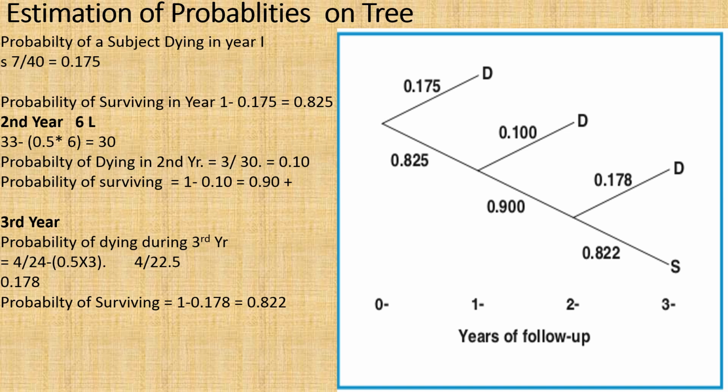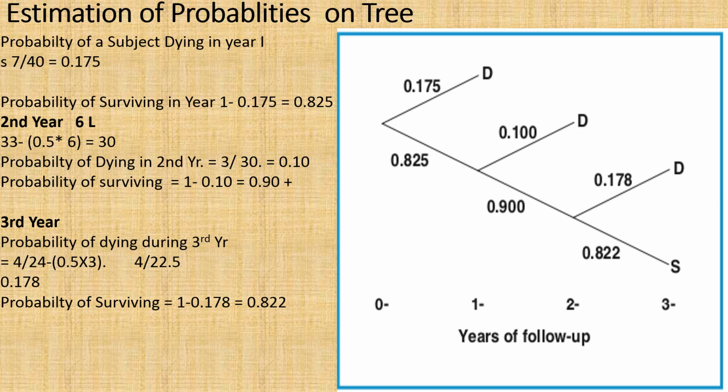Okay. Now if I subtract 1 minus 0.175, I'm going to get a value which is 0.825. So I have written that the probability of subject's survival after this year is 0.825. Okay, that's what I have written on the slide.